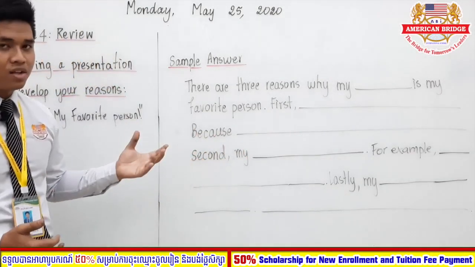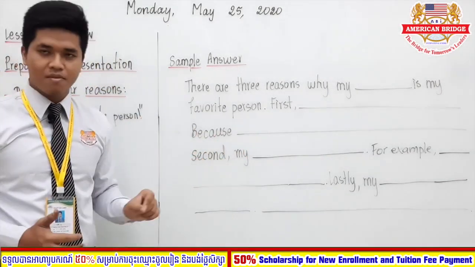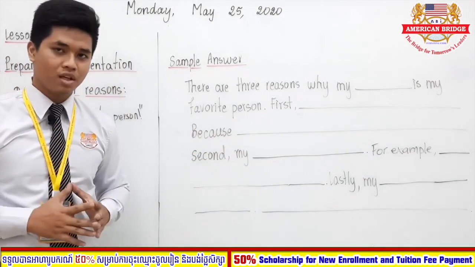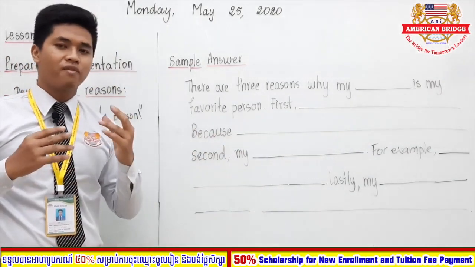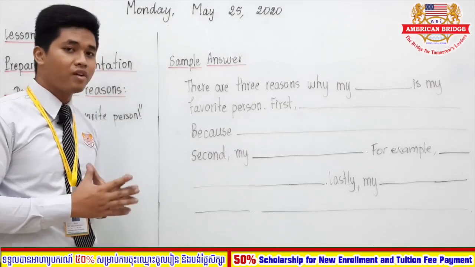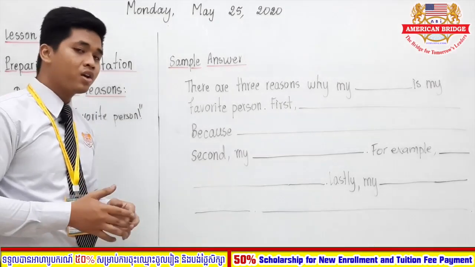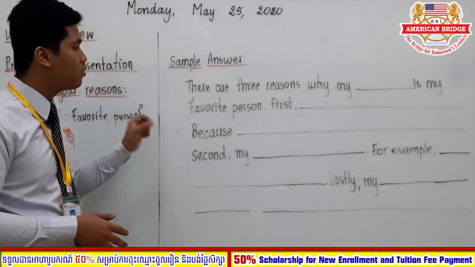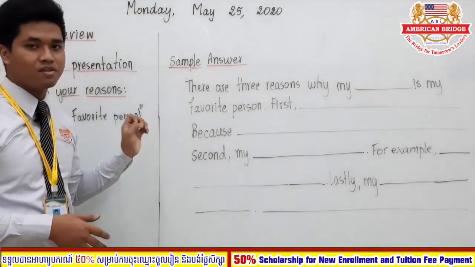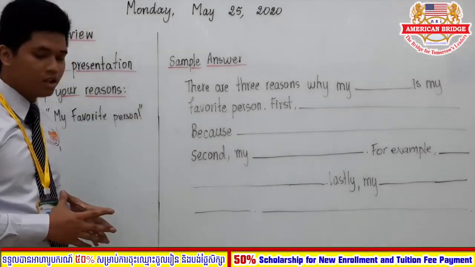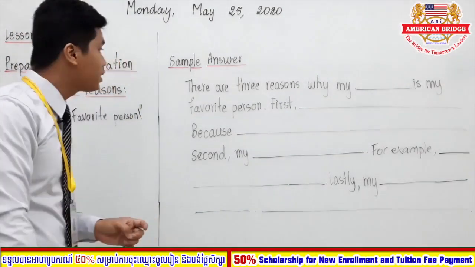After that, you are going to do the same, but with your own topic. Your topic can be your favorite person or your favorite pet. Now everyone, are you ready to see how I do this type of exercise? Okay, let's start together.